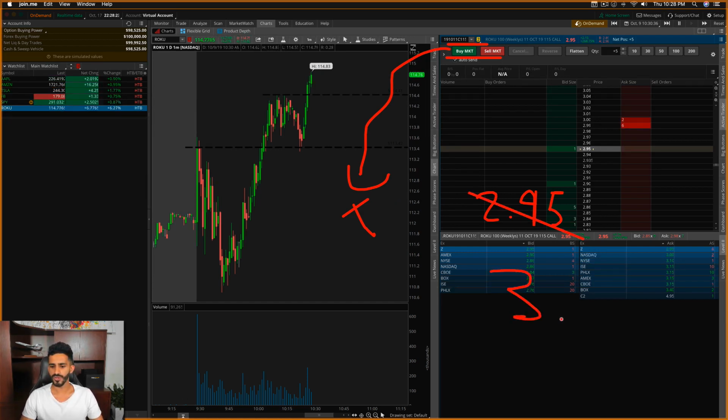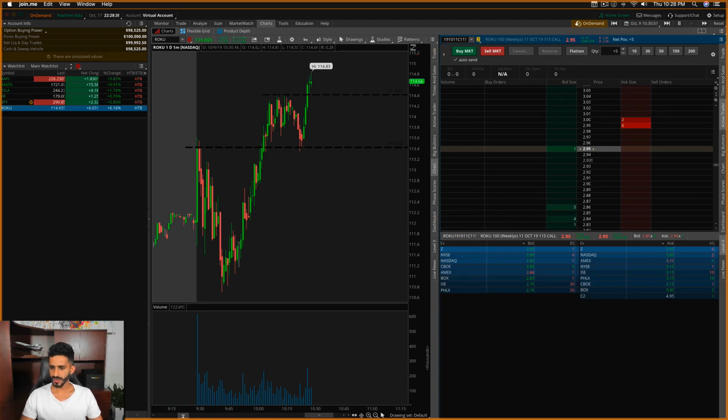Move this, put $3. Now, instead of you getting filled for $295, what their first ask price was, you get it for $3 because they have super quick systems and computers which are programmed to actually fluctuate based on these algos, right? So that's one thing. So make sure you're using a limit order.